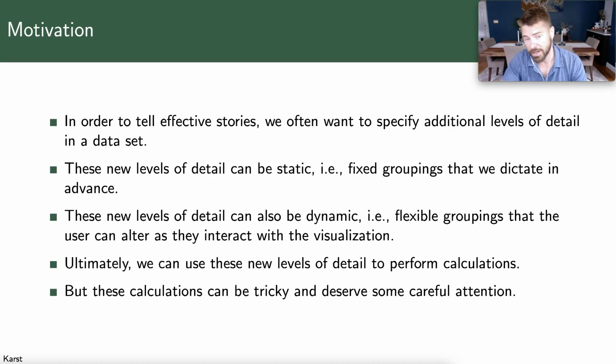Those fields were all provided in the data set, but the hierarchy wasn't necessarily specified, and we can do that ourselves. These new groupings can be either static, like the hierarchy, for instance, or flexible in the sense that we're allowing the user to change them over time.